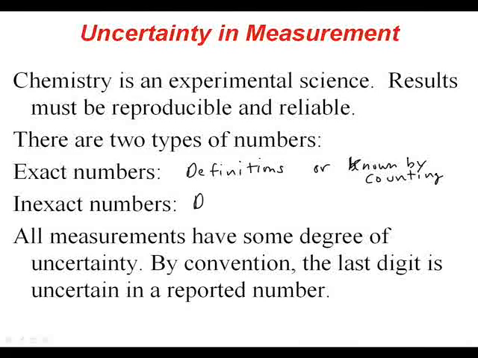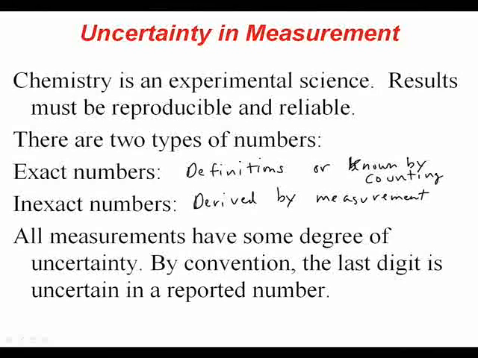And this is what scientists do. They use many, many tools, and these have uncertainty. They are only as good as the person who is measuring and by the reliability of the equipment.